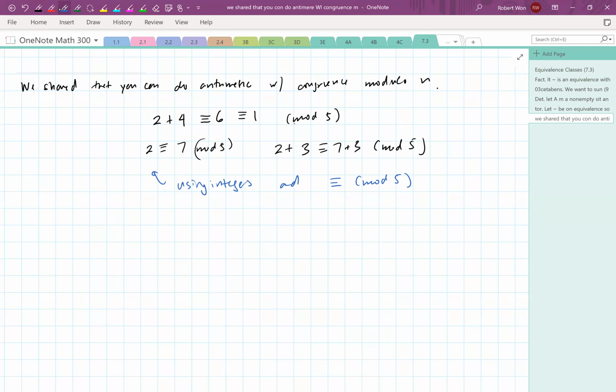Okay, but we can also do arithmetic with congruence classes modulo 5.